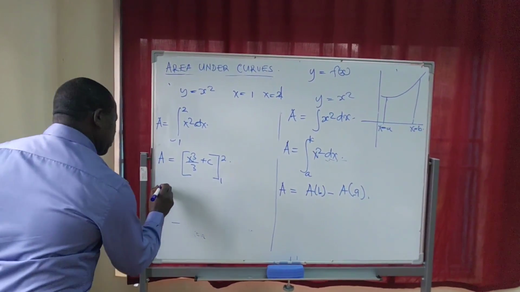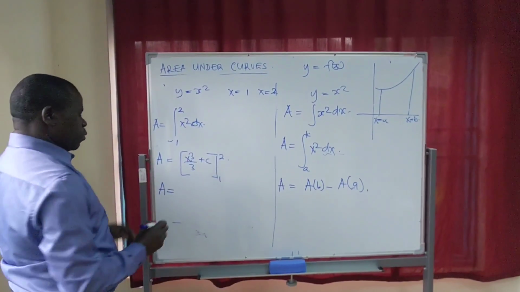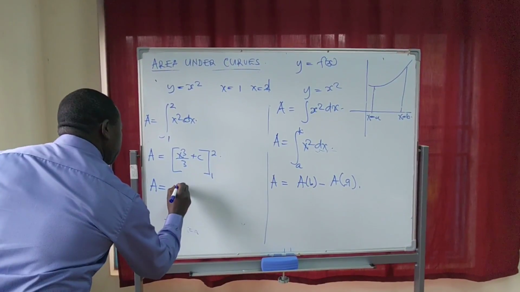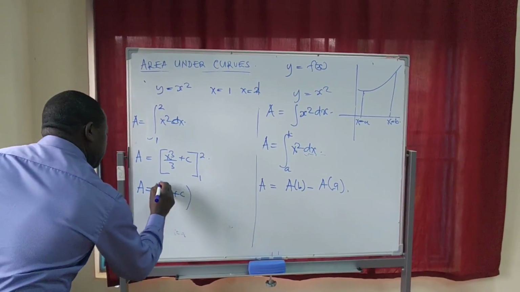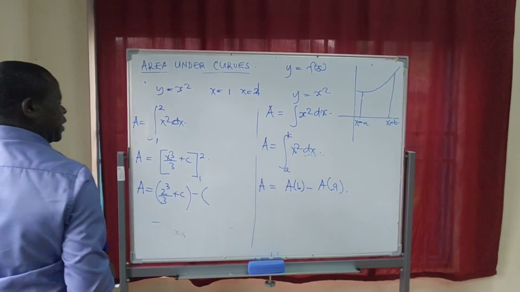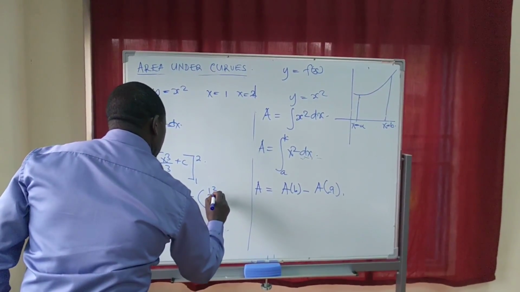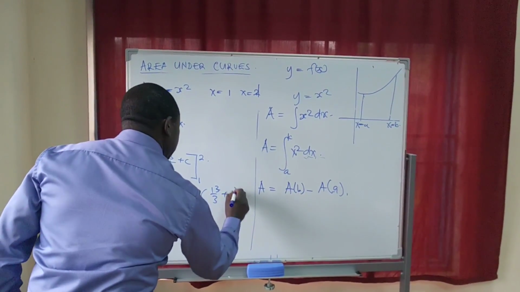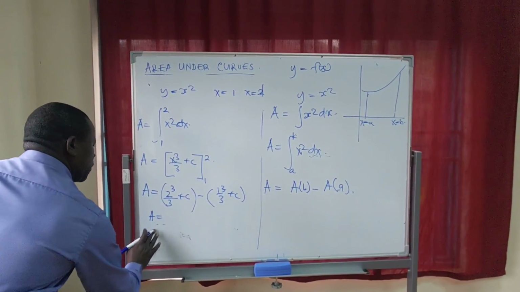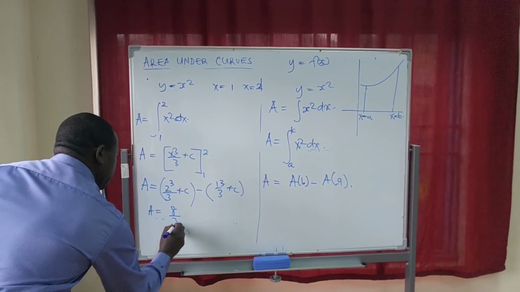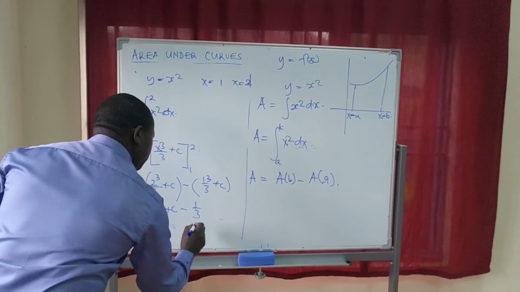So I find out the area A becomes, I put this 2 where there is x, which gives me 2 to the power 3 over 3 plus c, then minus, where there is x, we put 1, this is 1 to the power 3 over 3 plus c, which gives me area A will become 2 to the power 3, which is 8, over 3 plus c, minus 1 to the power 3, which is 1, over 3.